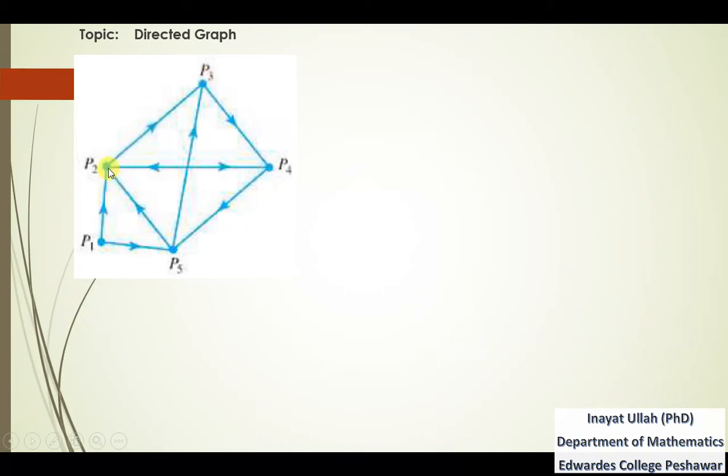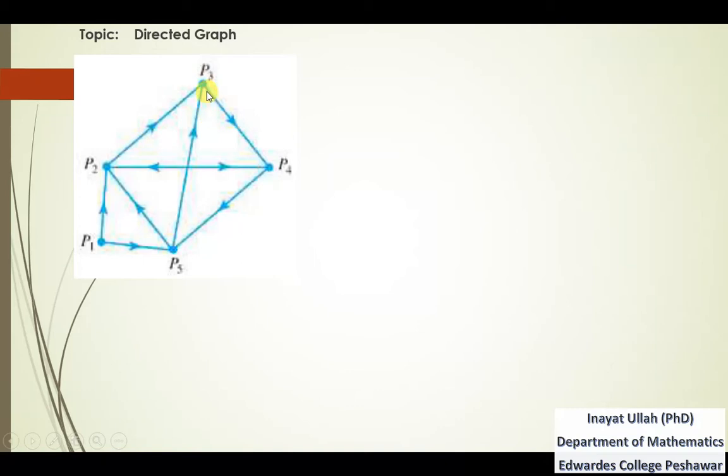There is a difference between p2 to p3 and p3 to p2. This arrow shows that this edge is directed from p2 to p3. So this is one directed edge of this graph.